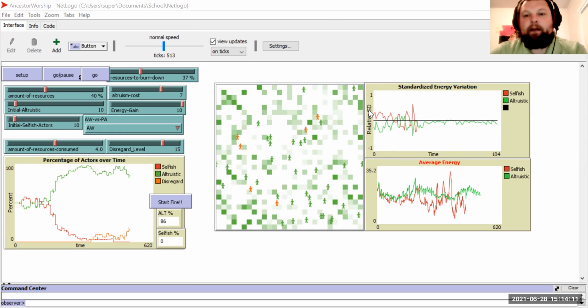If it's above the line, then they have greater variation in their energy, meaning some of the reds might have a lot of energy, while some of the reds might have very little energy. And if you were to line this up, you do see some trends with explosions in green population are generally followed or preceded by dips in energy variation.